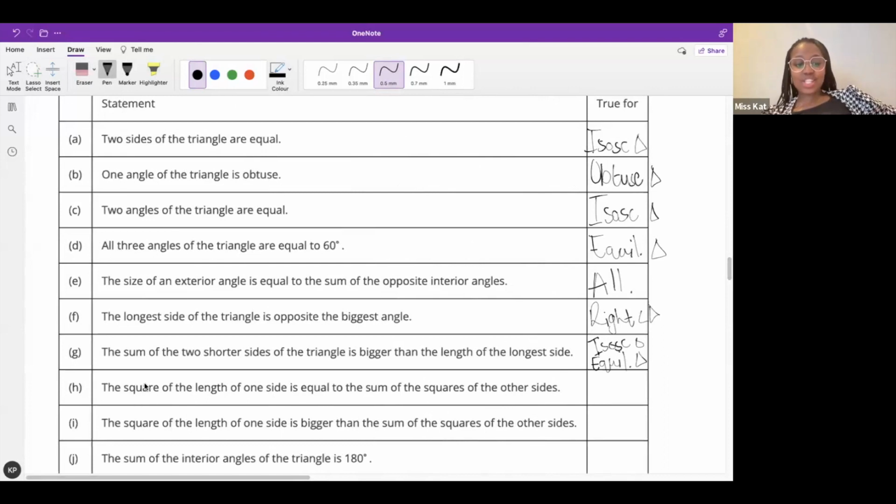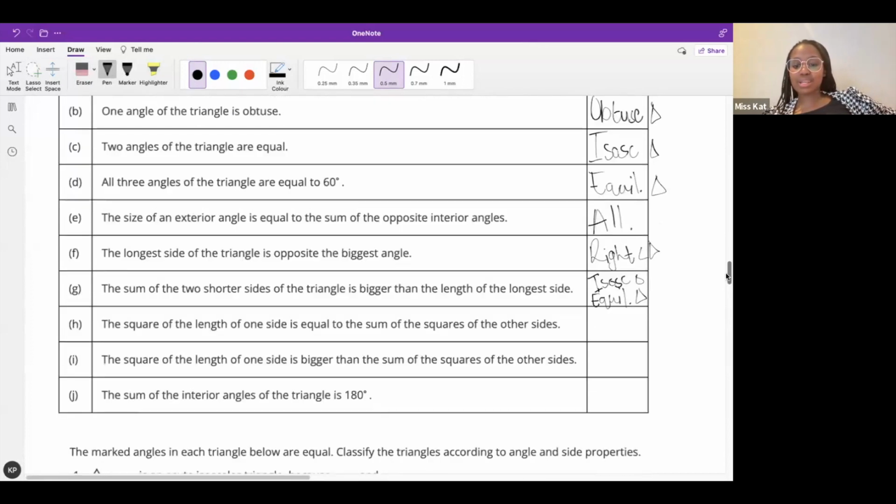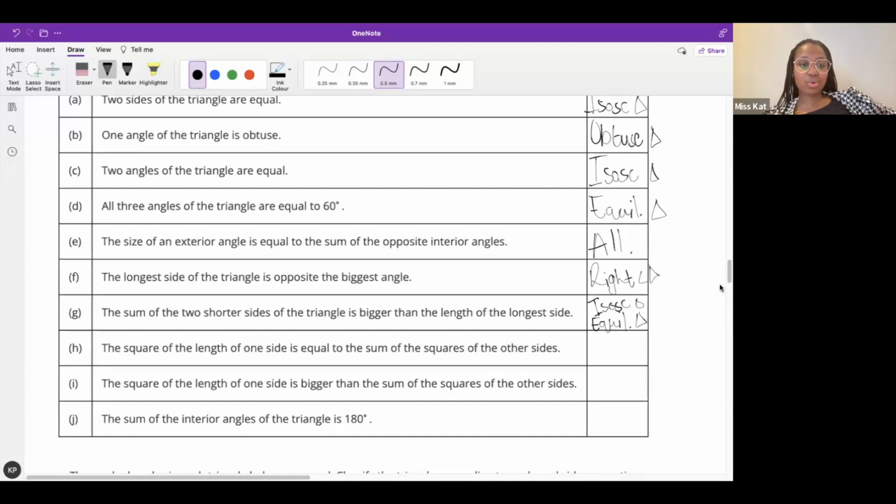Okay, H says the square of the length of one side is equal to the sum of the squares of the other sides. Someone brought this up while we were working just now. What is it called when you do that, guys? One side squared plus one side squared equals the longest side squared. What did we call it again?